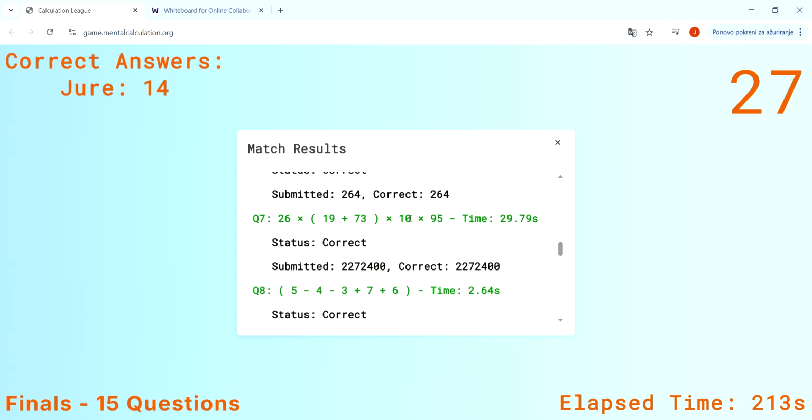Then this one, what I like to do, I mean, most of the competitors do it, but I'll just say it: I put the zero right away. Then I see here it's 92 times 26 times 95. Whenever I have a number that ends in a 5, I don't know if other people do this, but I divide one of these numbers by 2 and multiply this by 2.